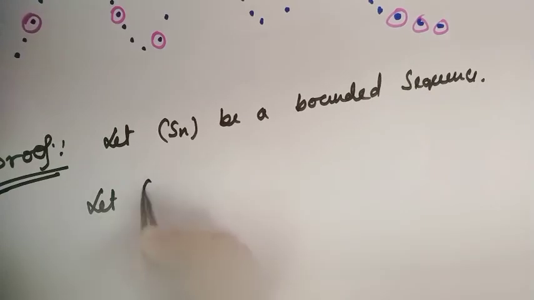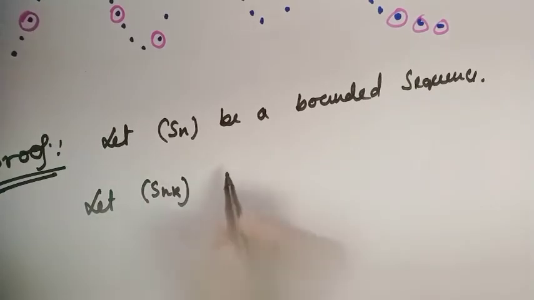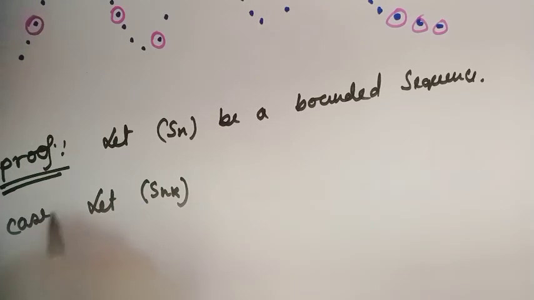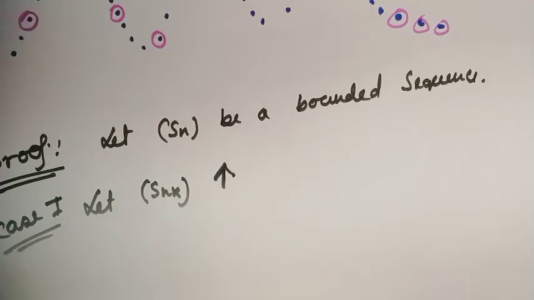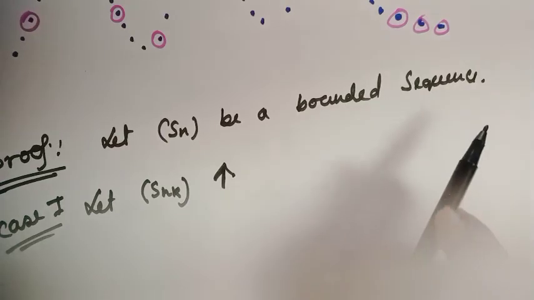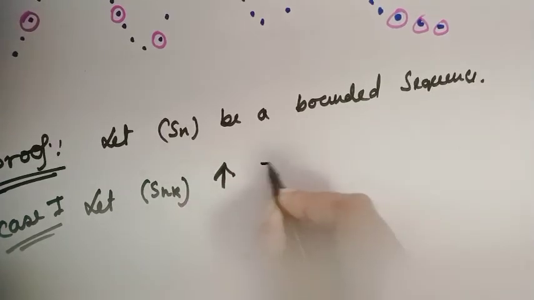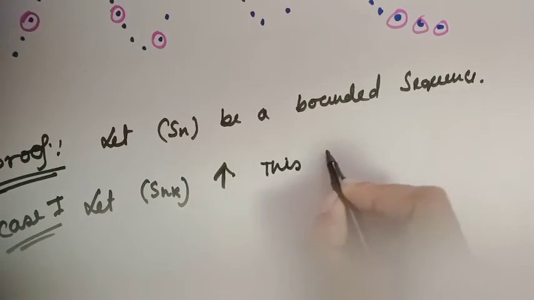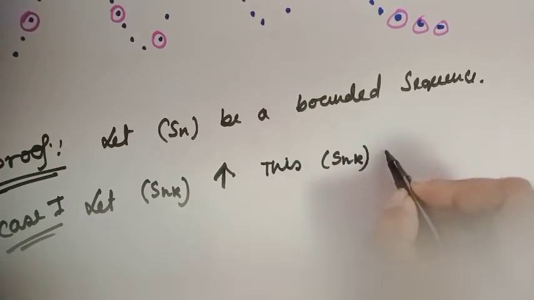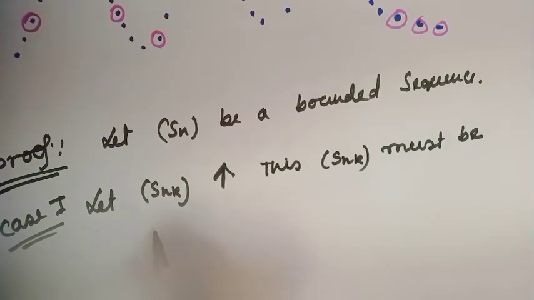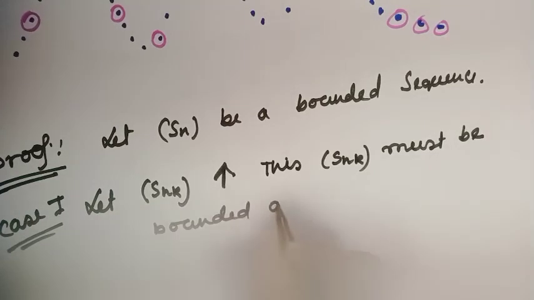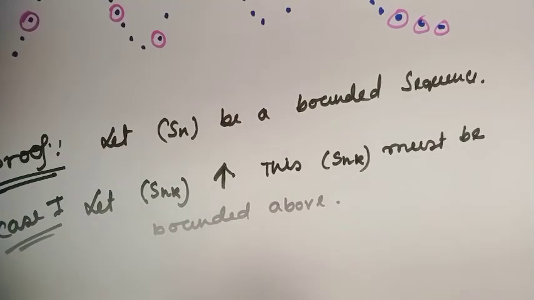Let Snk, this is case 1, be any increasing subsequence. Then since the main sequence is a bounded sequence, this sequence Snk must be bounded above. Okay?